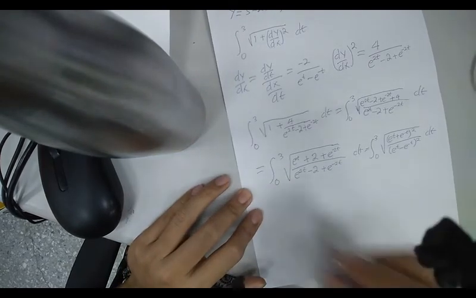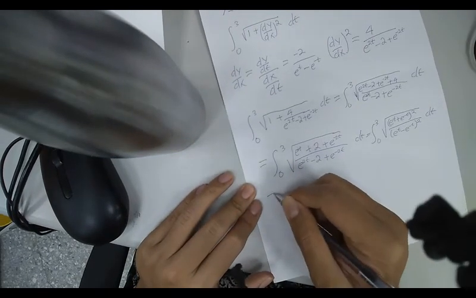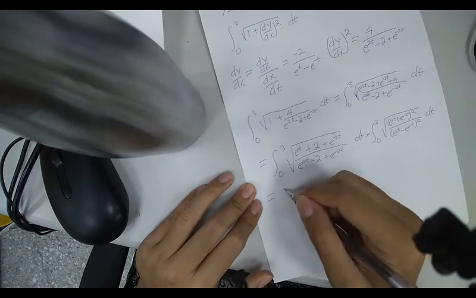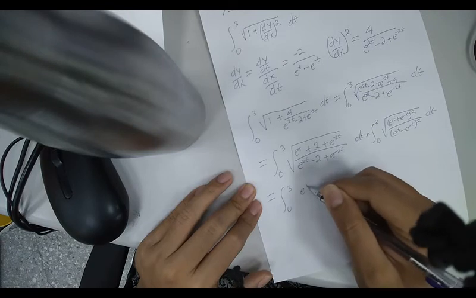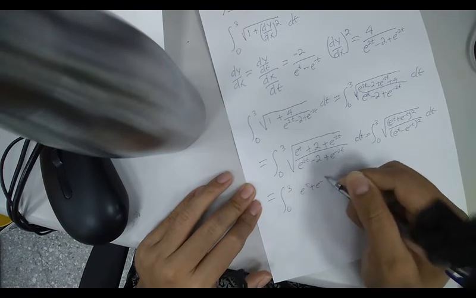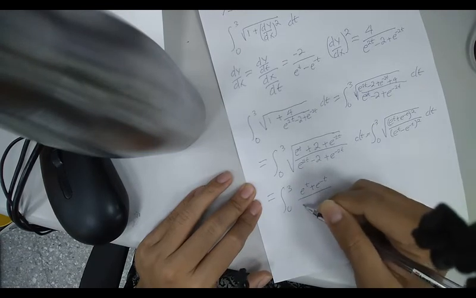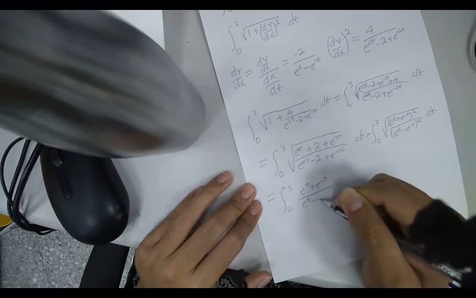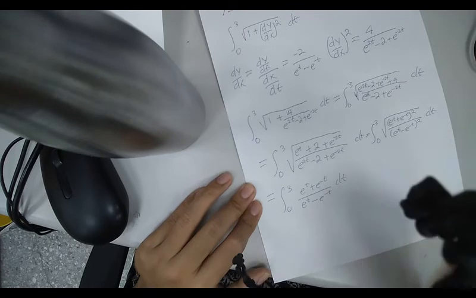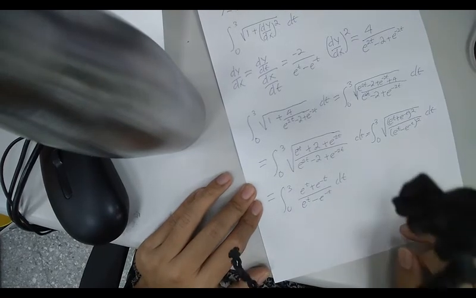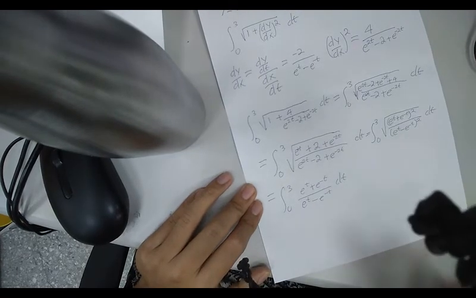So that becomes the integral from 0 to 3 of (e^t plus e^(-t)) over (e^t minus e^(-t)) dt. Now we have what?